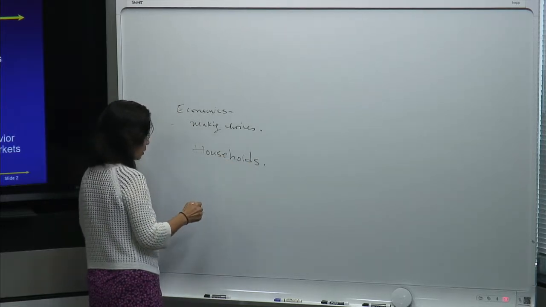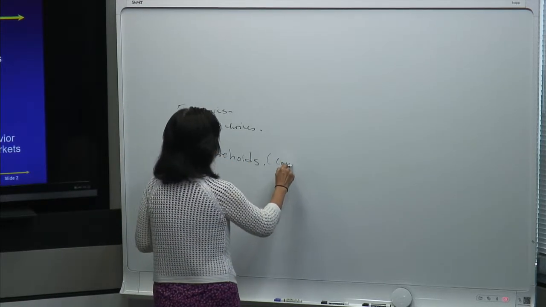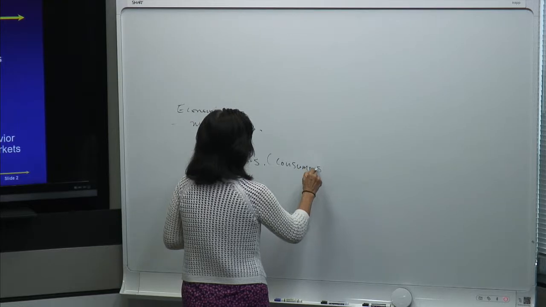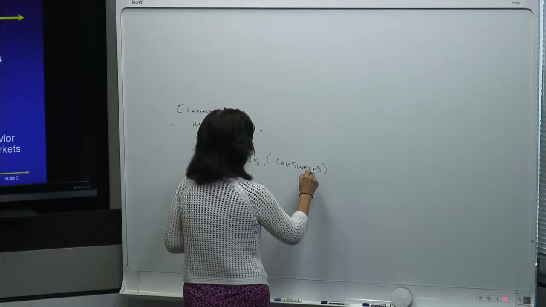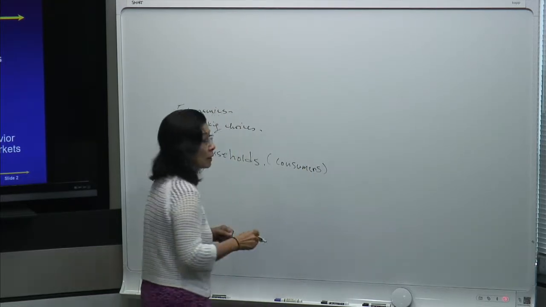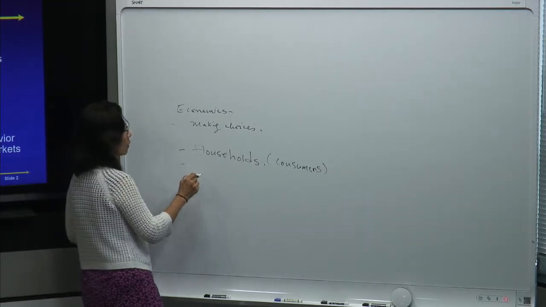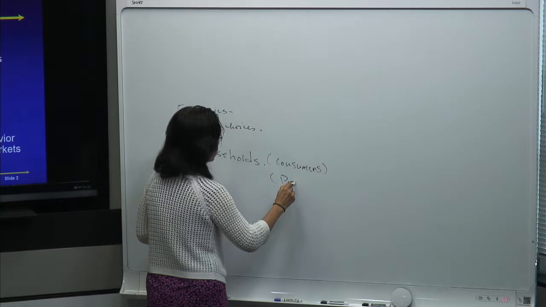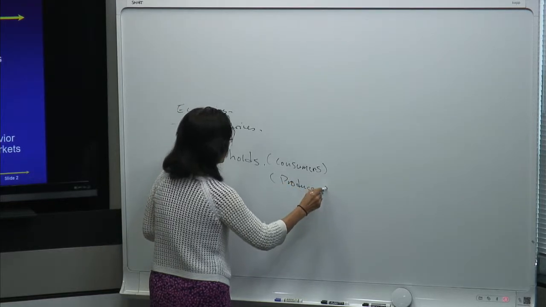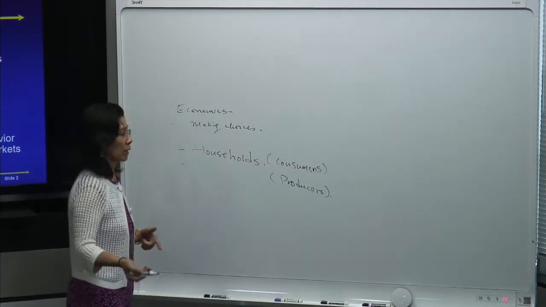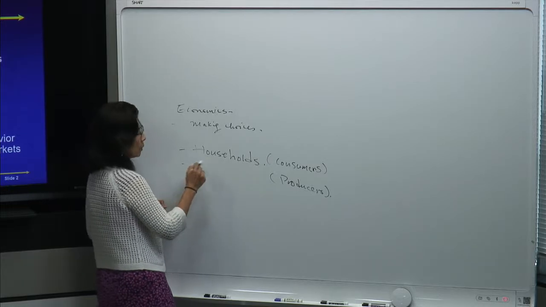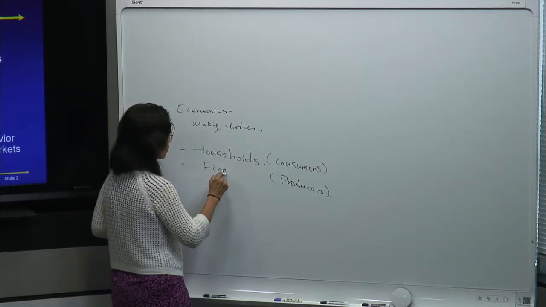Or sometimes you see the word consumers. So who are you consumers for today? You're the consumers of education. And I am the producer of education today, because you're consuming my lectures now. So that would be your firm, okay?